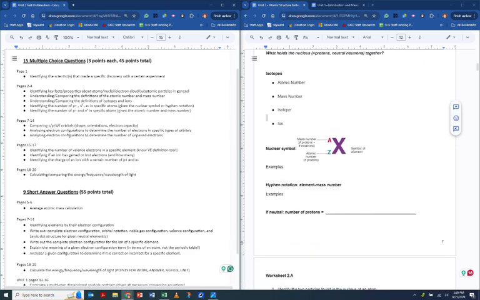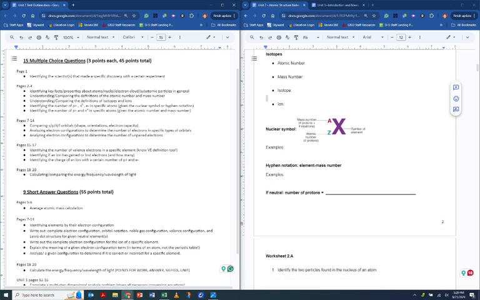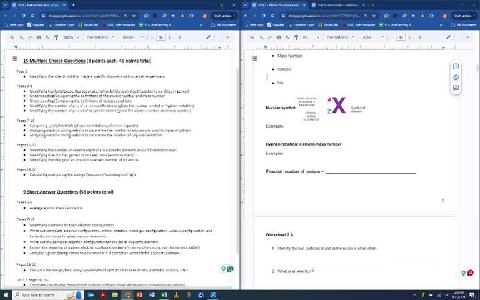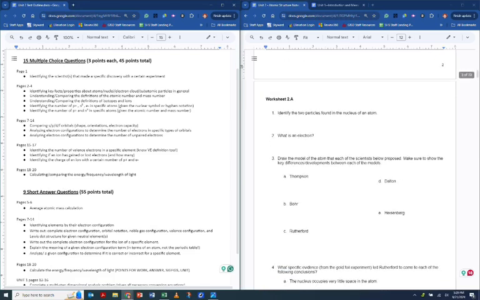You also need to be able to understand and compare the atomic number and mass number, and isotopes and ions. And then, like we practiced, we're going to be giving you nuclear symbols and hyphen notations, and you're going to have to tell me about the number of protons, neutrons, and electrons in them, a lot like what we did on page 4. You definitely need to understand what the word neutral means.